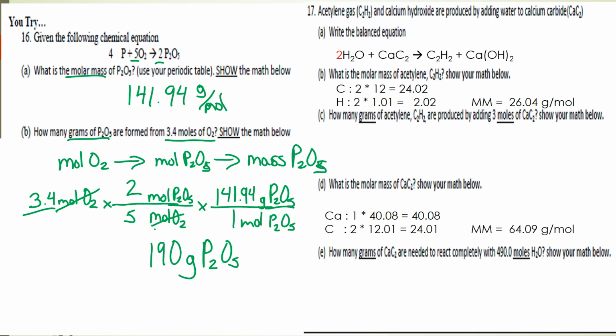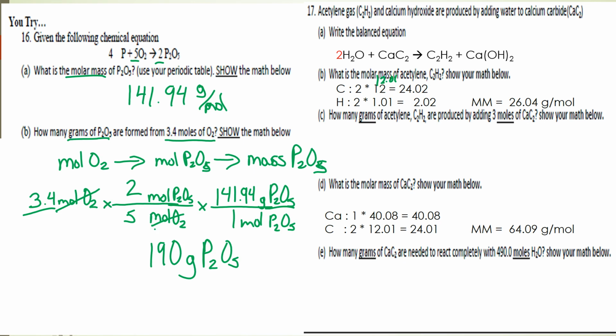So it says, what is the molar mass of acetylene? So I have 2 carbons, and that should be 12.01 here. All right, 2 times 12.01 gives me 24.02. And then 2 hydrogens, 2 times 1.01 gives me 2.02. So my molar mass is 26.04.